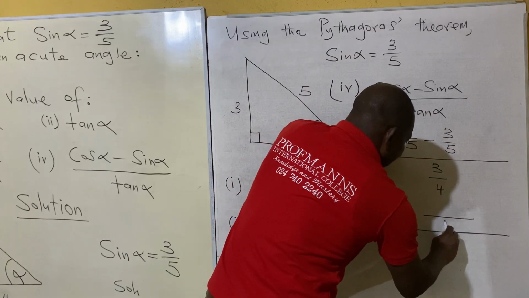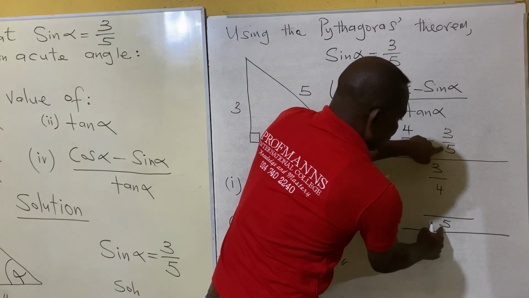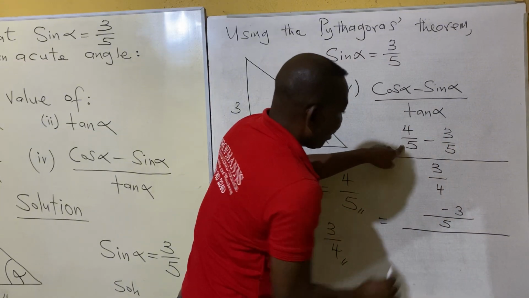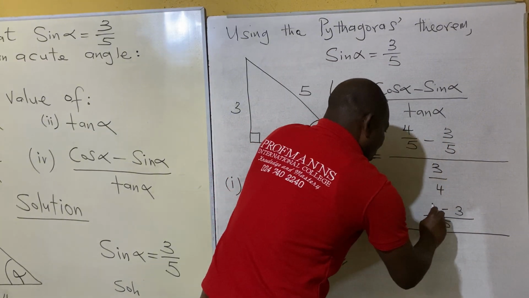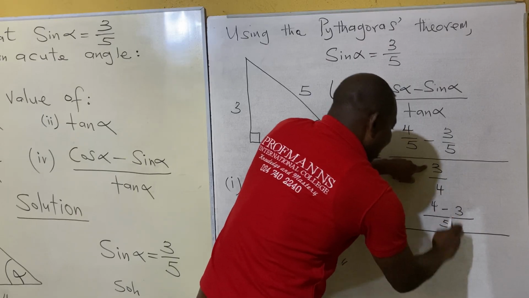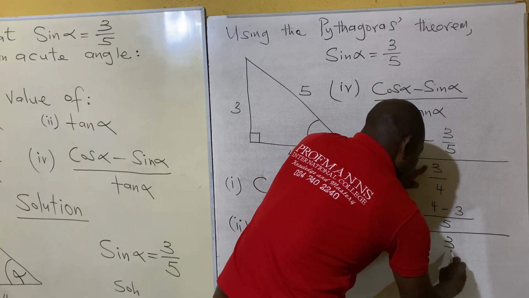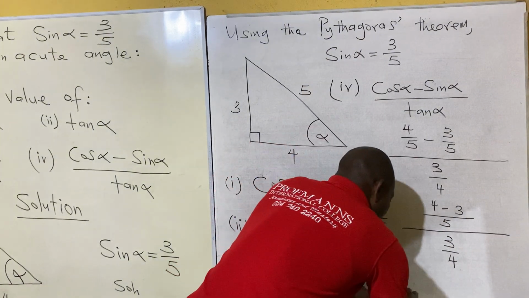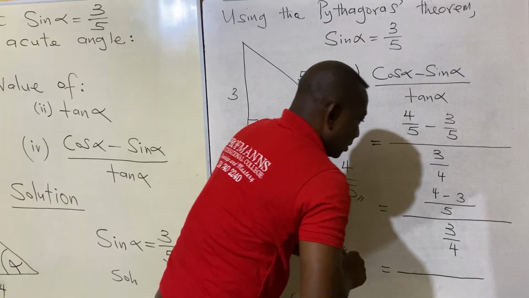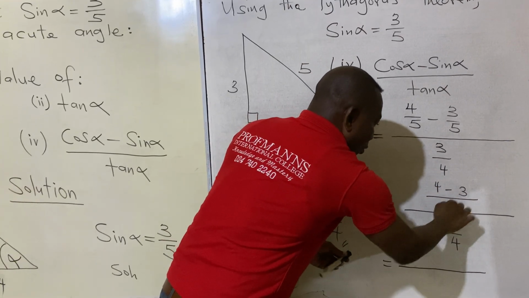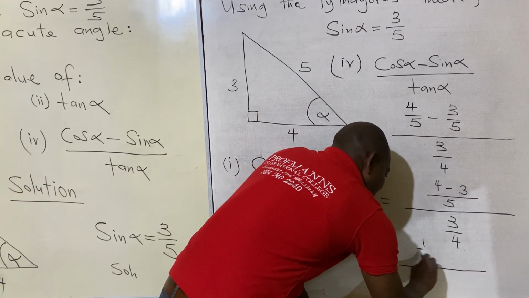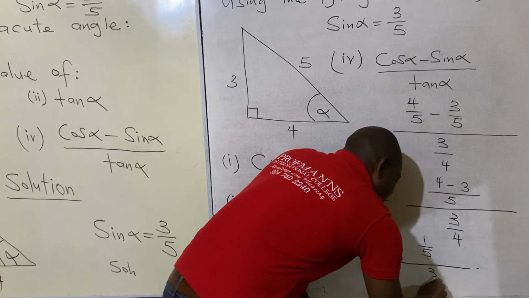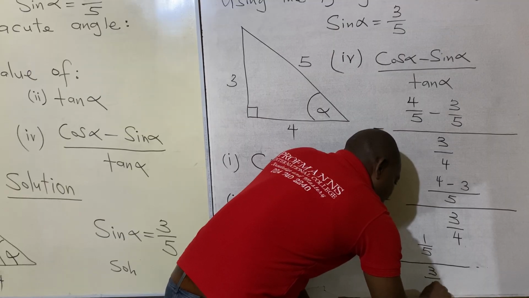So it is 5. 5 goes into 5, 1. 1 times 4, 4, minus 5 goes into 5, 1, 1 times 3, 3, all over the denominator here, which is 3 over 4. So when we simplify the numerator here, it's going to be 1 over 5. So it's going to be 1 over 5 all over 3 over 4.